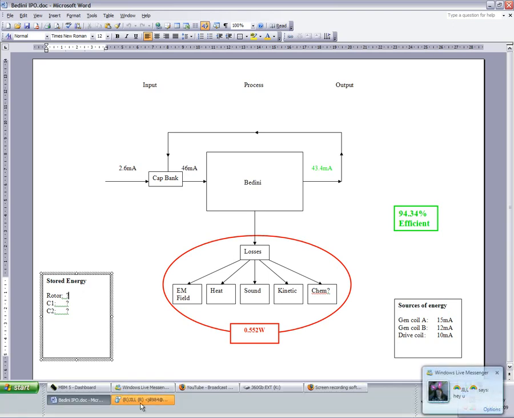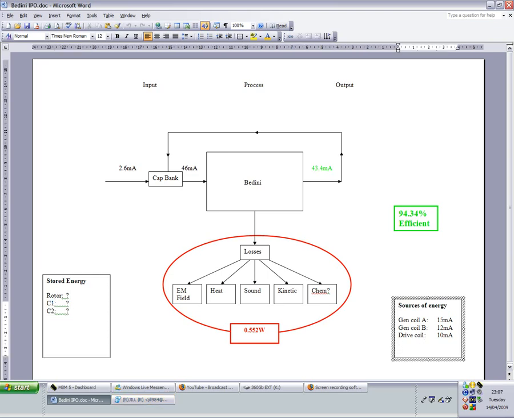C1 and C2 have power stored, but as yet are not being used. Those two, C1 and C2, are the back EMFs produced by the trigger coil and drive coil. So eventually they will get moved from stored energy to sources of energy.